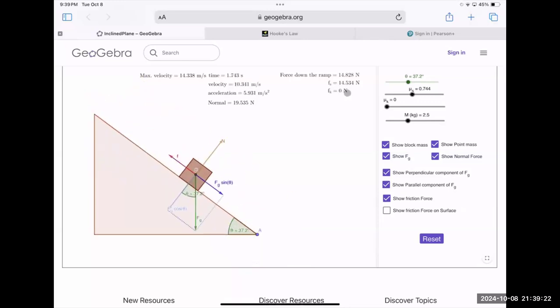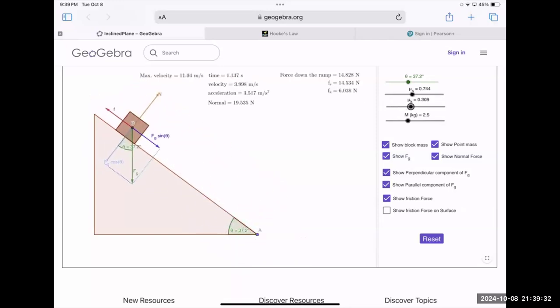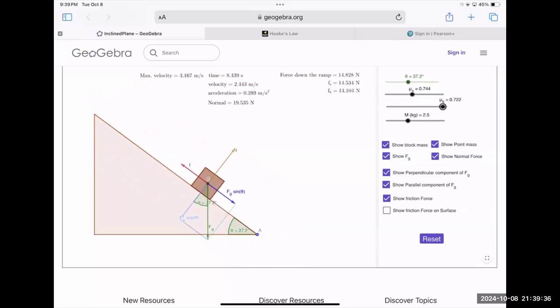Here my kinetic friction is 0 because mu k is 0. Now if I increase my mu k, you can see my friction coefficient is also increasing. If I increase friction more, it's moving slower, slower, and slower. So I can control all these things and see the maximum speed I can go down the hill, what my velocity will be and how long it takes. It will show you the time and all these things.